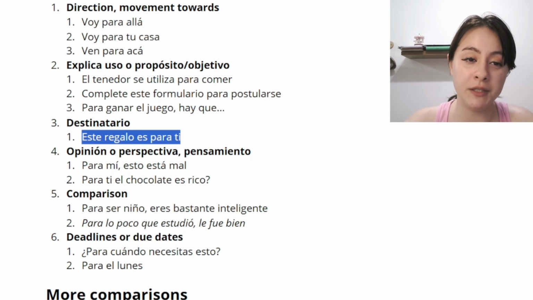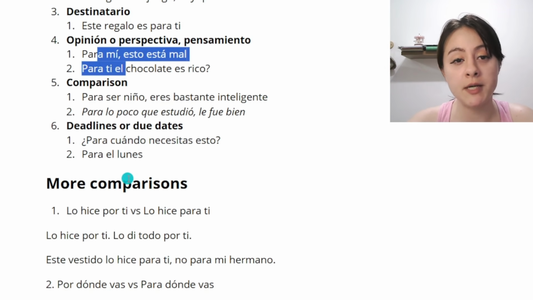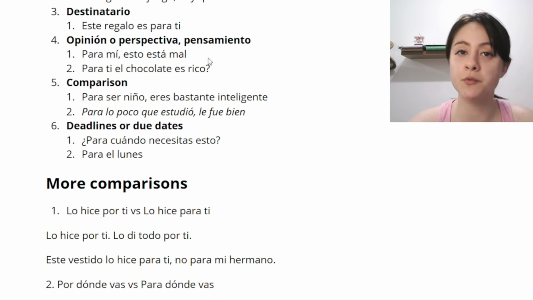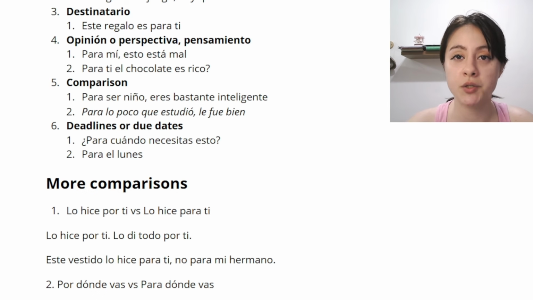The fourth use, it's to express opinion, perspective. For example, you could say, para mí, esto está mal. For me or to me, this is wrong. This situation is wrong. It could have many meanings, but essentially it means I think this is wrong.